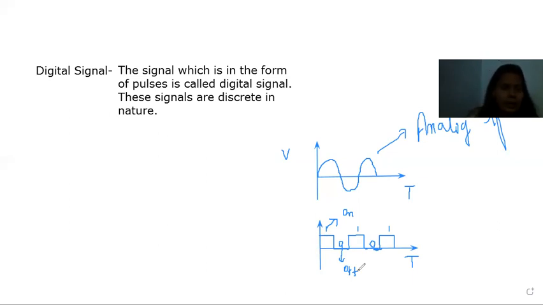Now, examples of digital signal. The best example of digital signal is computer. We know that computer only understands 0 and 1. That's why it is the best example of a digital signal.